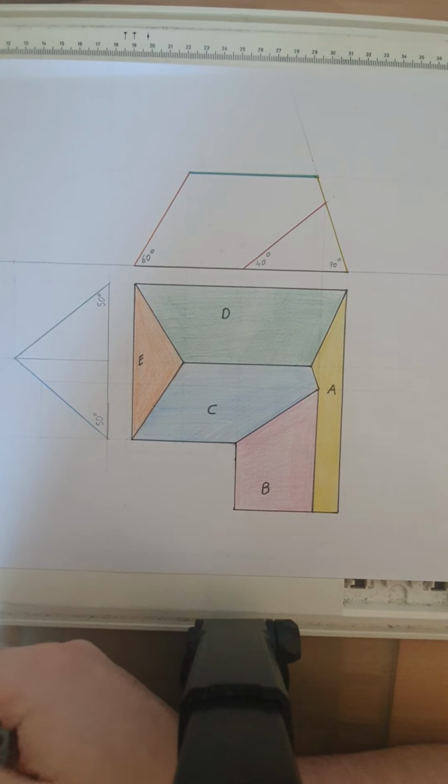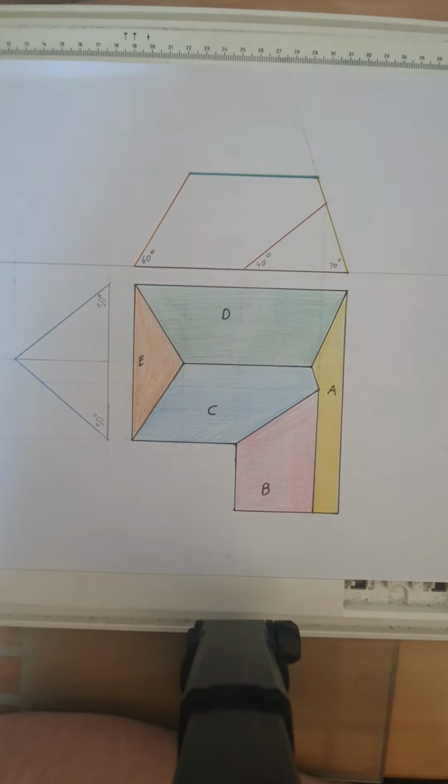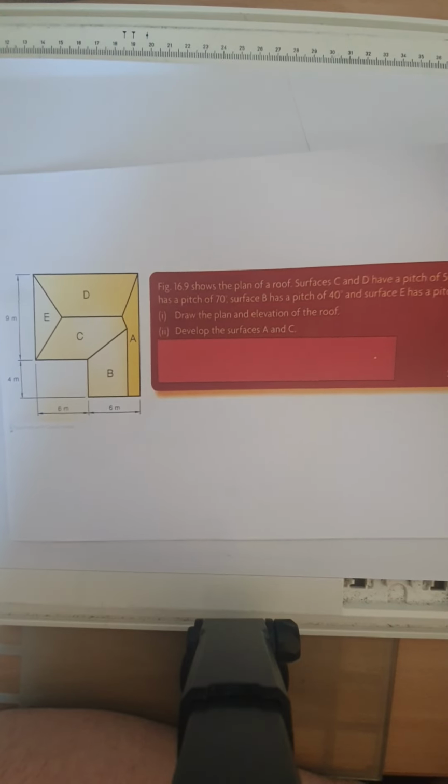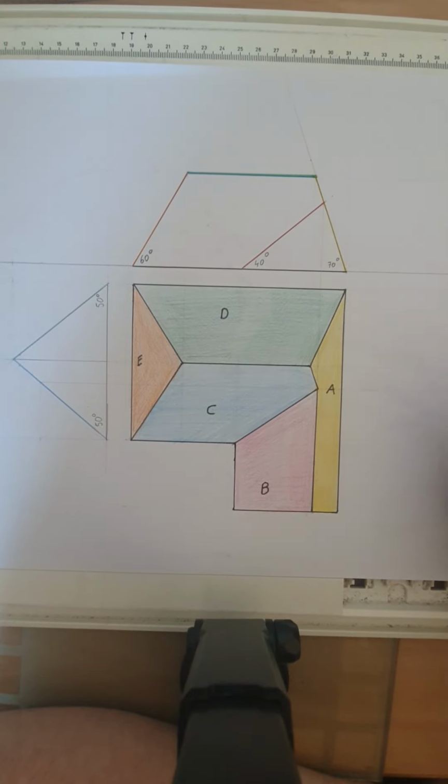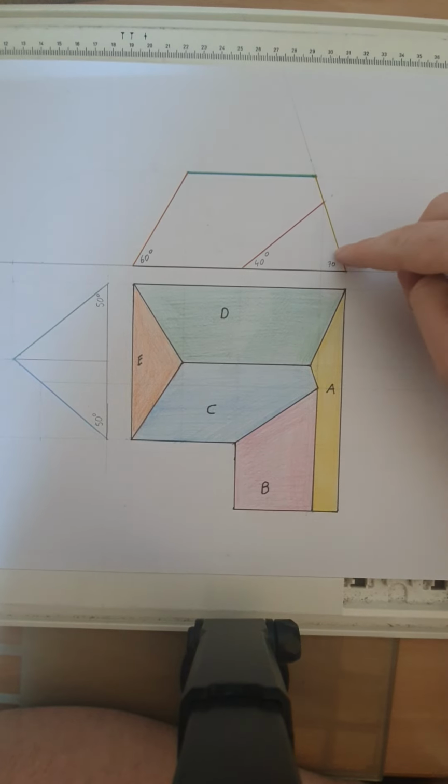So in the first part, we're trying to develop surfaces A and C. First of all, I'm going to develop surface A. In order to use rebatment, what we need is an edge view of a surface. If I look at surface A, we're given an edge view of the surface.